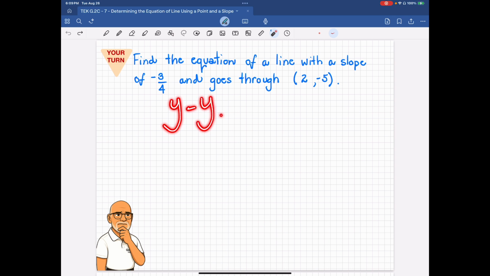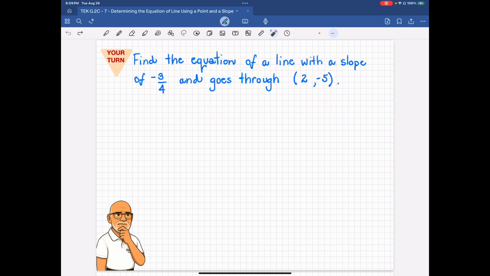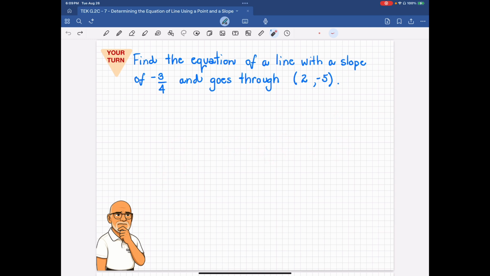Y minus y1 equals the slope times x minus x1. Our slope is here. This is our point, x1, y1. You plug them into the formula, and what you want to end up with is something that looks like y equals mx plus b. Good luck, guys.